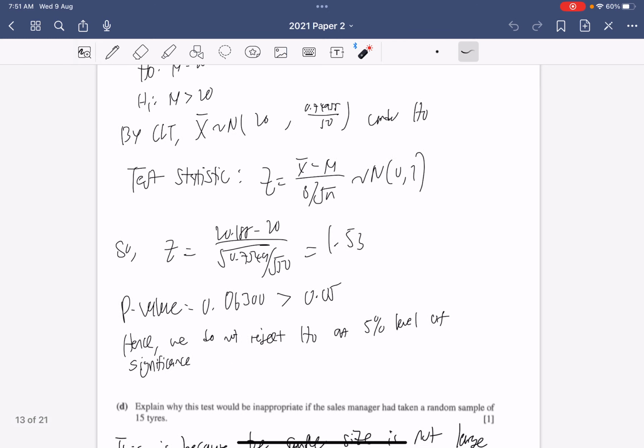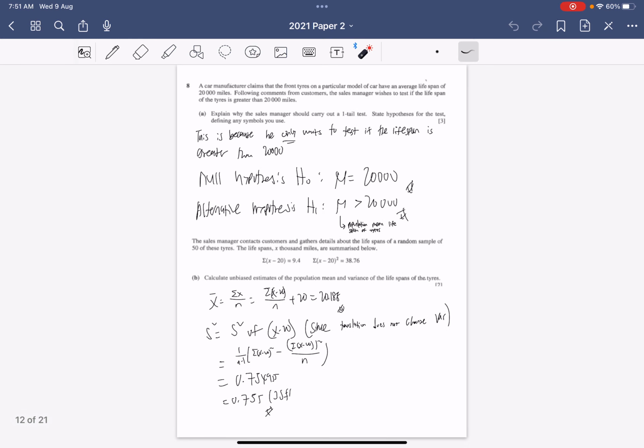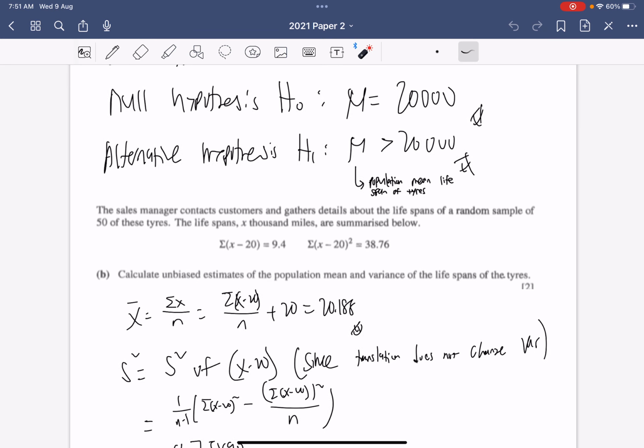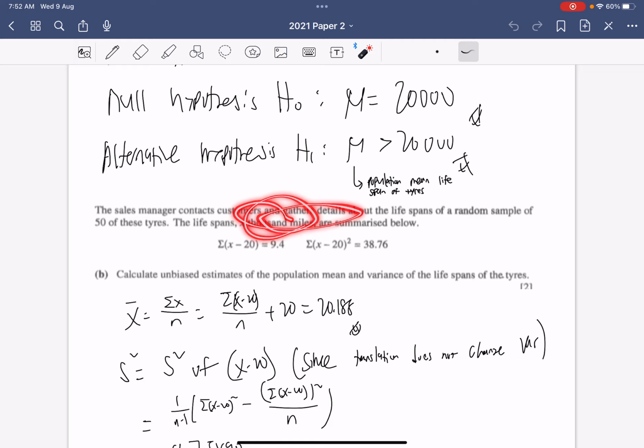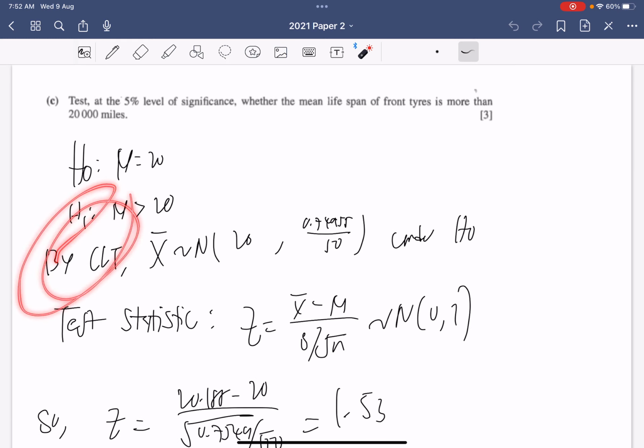Now to do the test at 5% significance level, you write H0 is this. You reduce the 20,000 to 20, which makes it easier for calculation, because x is now in 1,000 miles. So you write the standard way, you have H0 and H1.